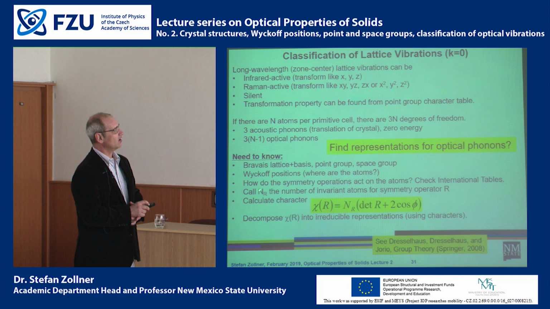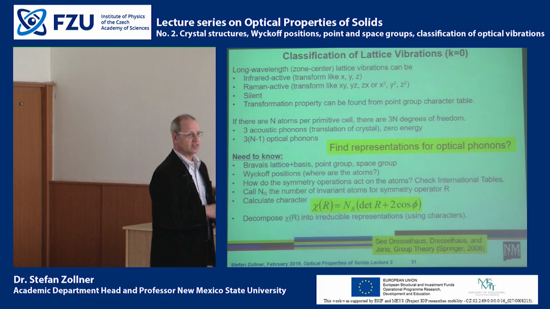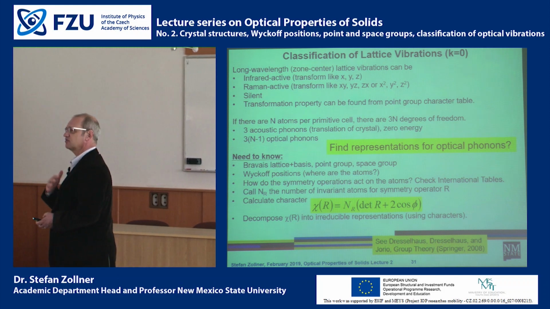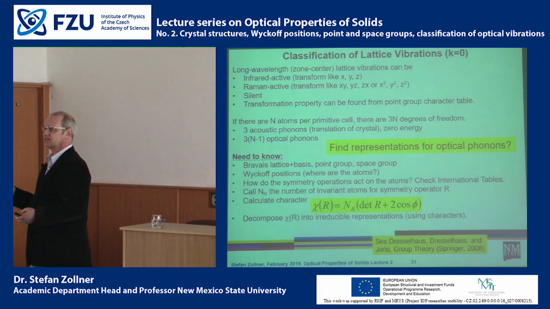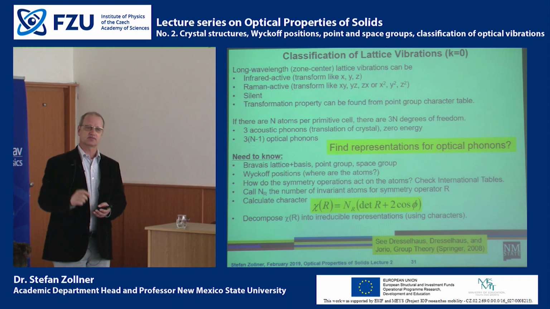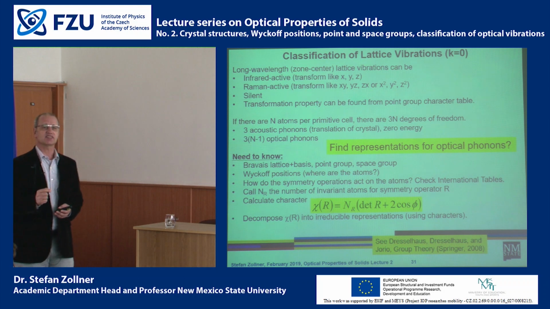We call N_R the number of invariant atoms for a symmetry operator R. So let's say R is a mirror reflection, and I have 10 atoms in the unit cell, and I perform that mirror reflection, and 3 of these atoms are sitting on the plane, so therefore these 3 atoms will be invariant.